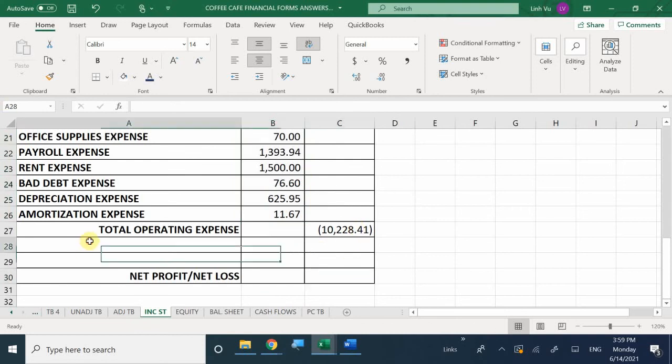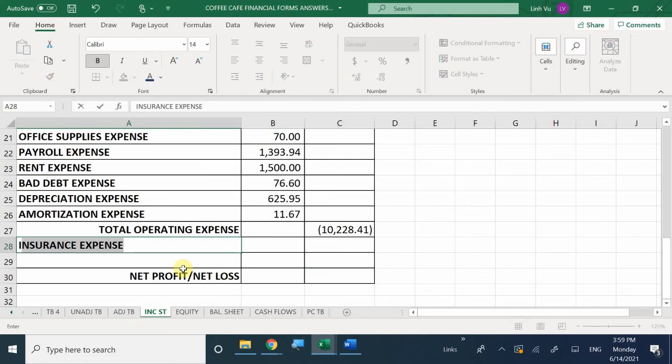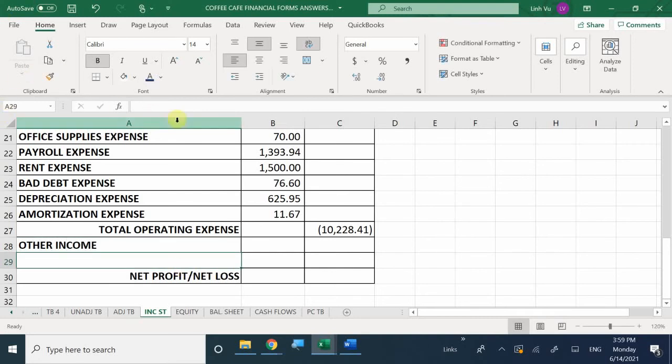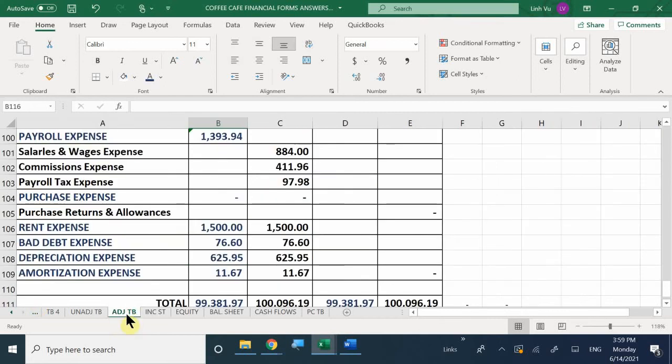Sorry. Now the last thing that we have here is other income, right? What is my other income? What else did we have that was considered other income that we generated in our company?